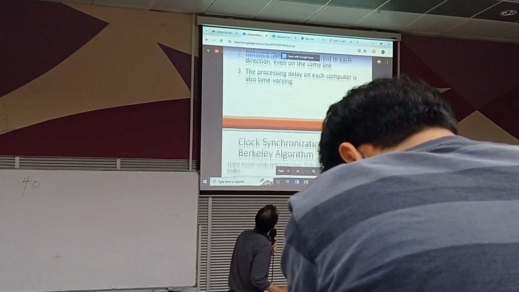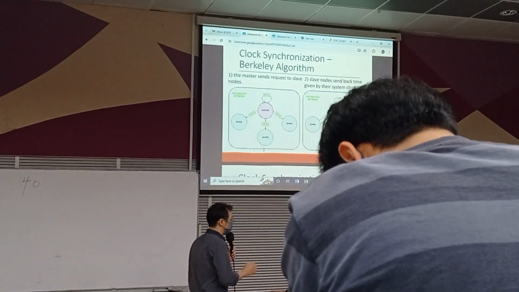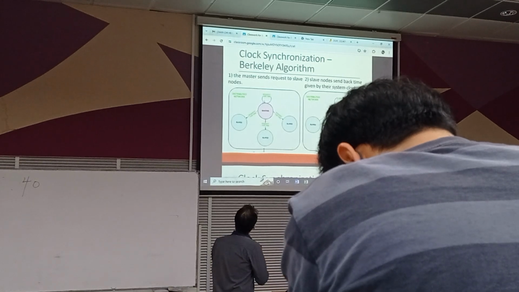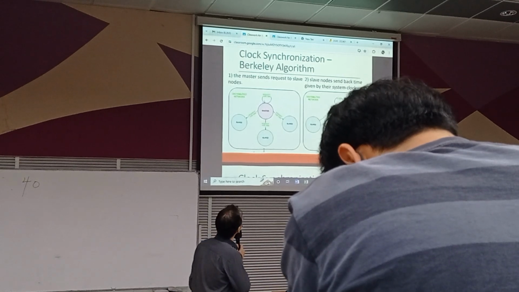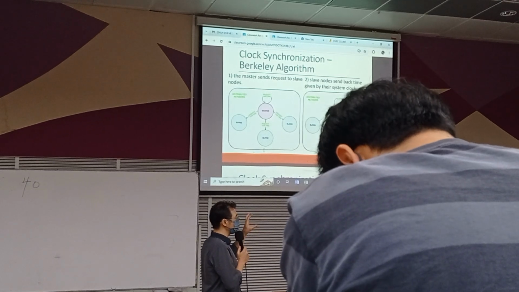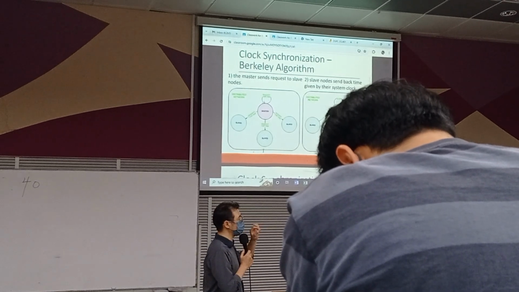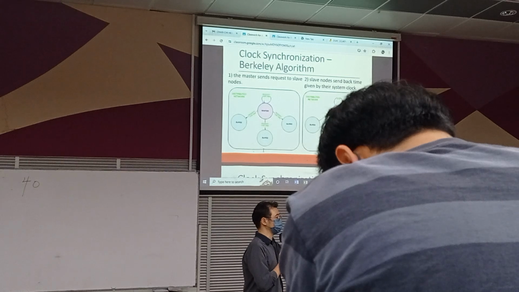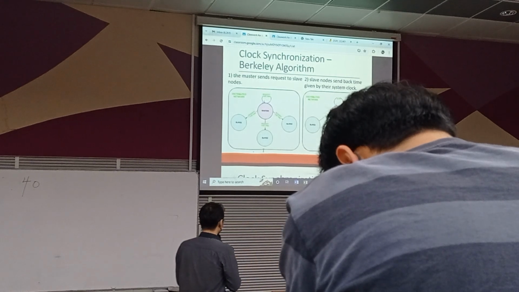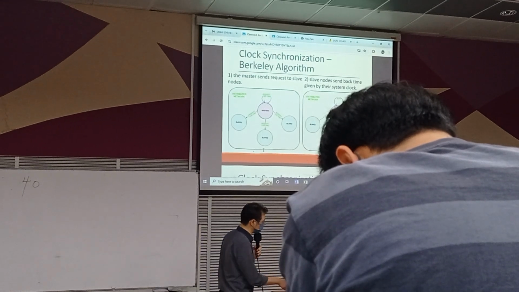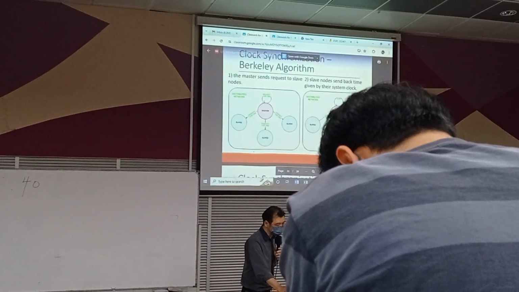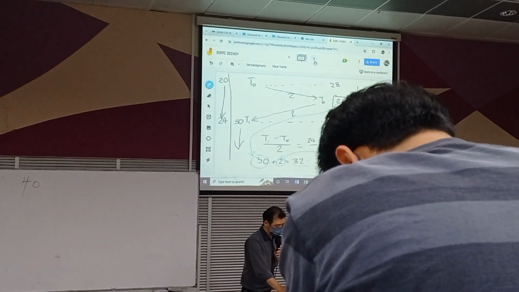Okay. So just now I was talking about synchronizing according to the time of the server. So we want accuracy. We were talking about accuracy just now.